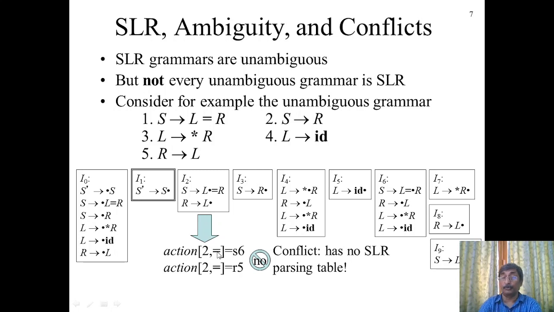One item tells me to shift, another item just tells me to reduce. Now, most unfortunately, follow of R contains this equality symbol, and therefore it is even more difficult.